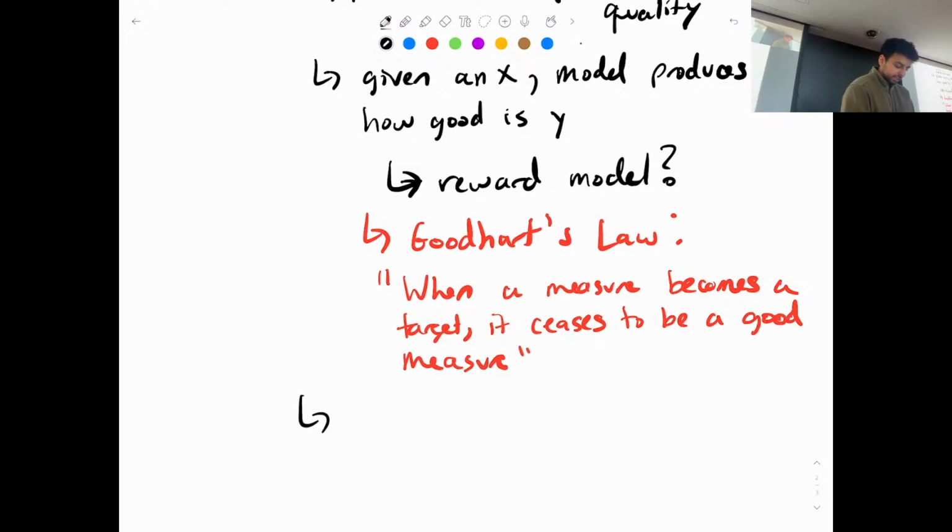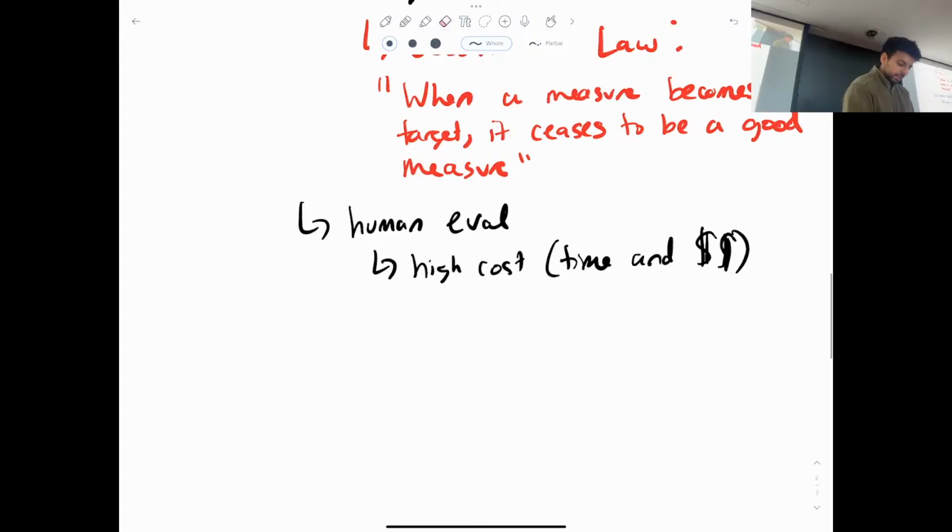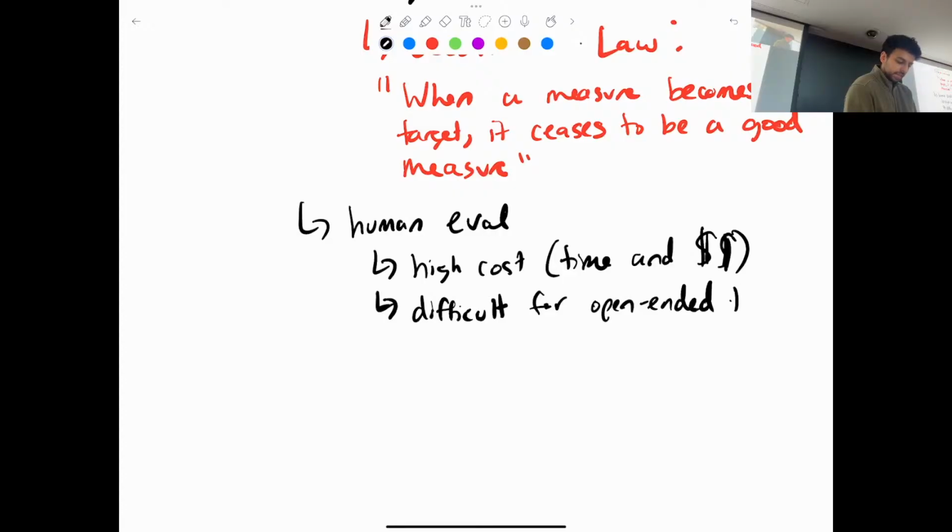Finally, I just wanted to re-emphasize the distinction between human eval, which is high cost, both time and money, and also difficult for open-ended tasks. Not that automatic metrics are any better there.